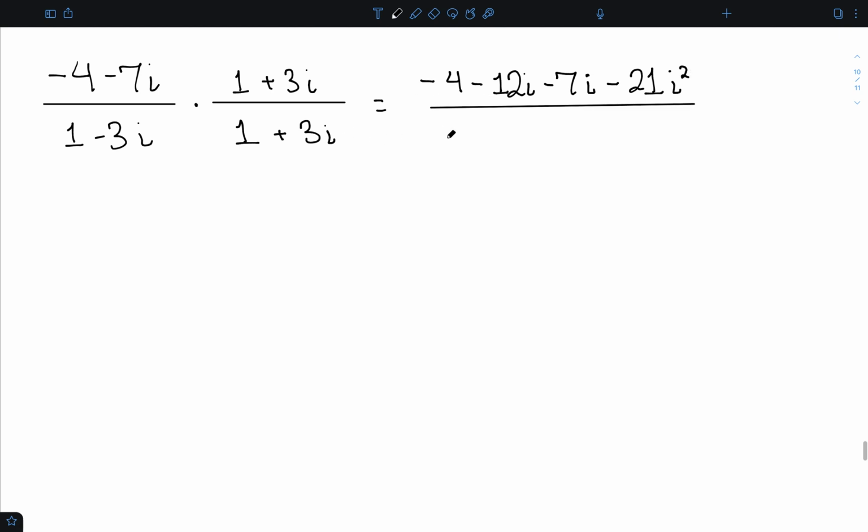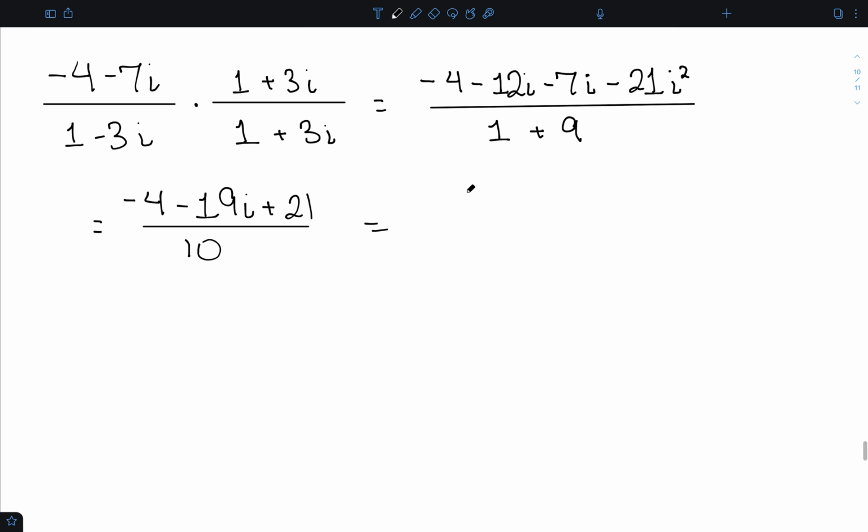On the denominator, since they're conjugates, I have 1 squared plus 3 squared. In other words, 1 plus 9. On the top, this is negative 4. Minus 12i minus 7i is negative 19i. And then i squared is negative 1, so this is plus 21. All over 10.